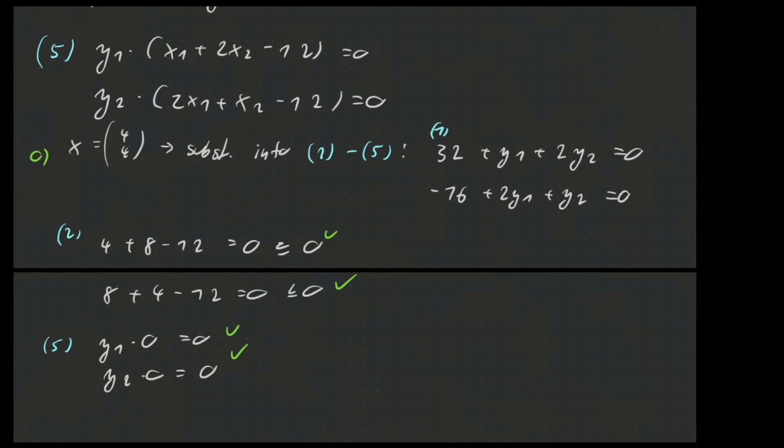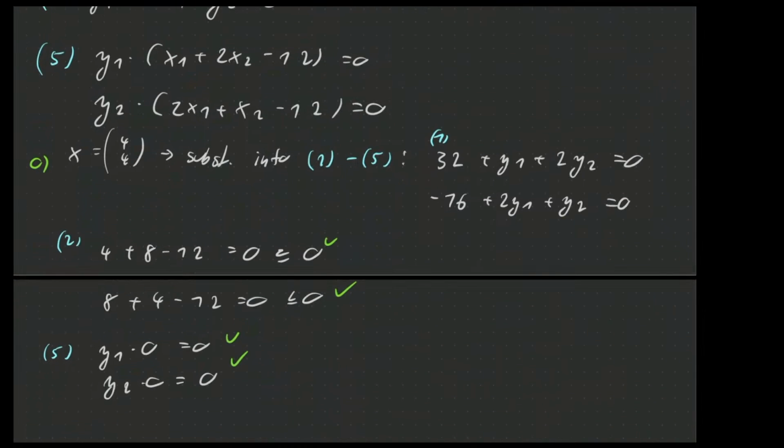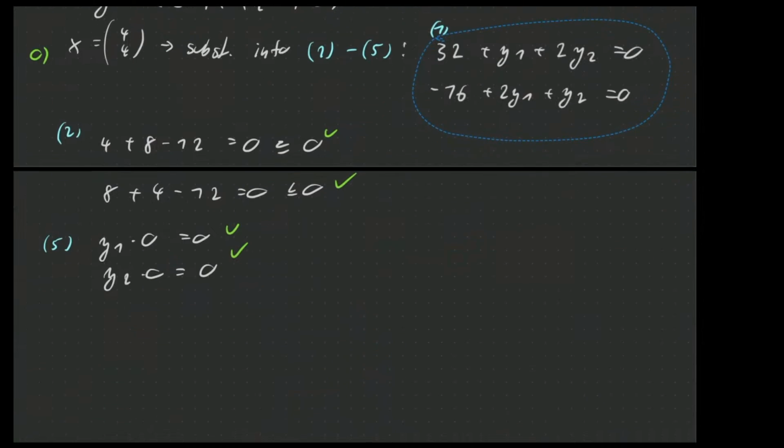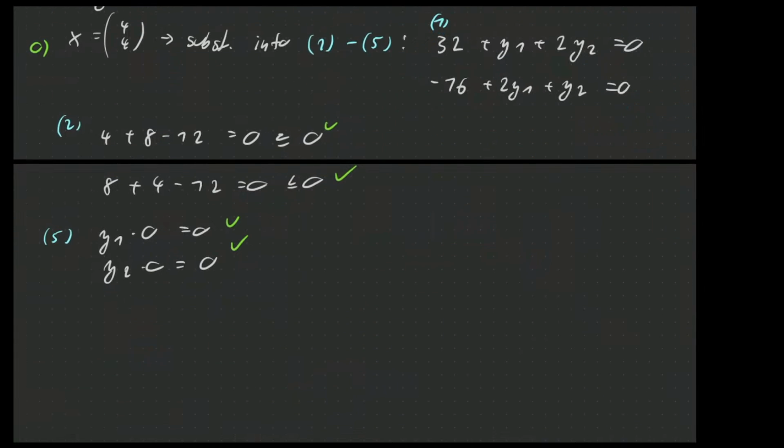So that means I'm left with this first part here. Right? That's an equation system. Let me just copy that. Two equations, two y's. So from 1, I get this.